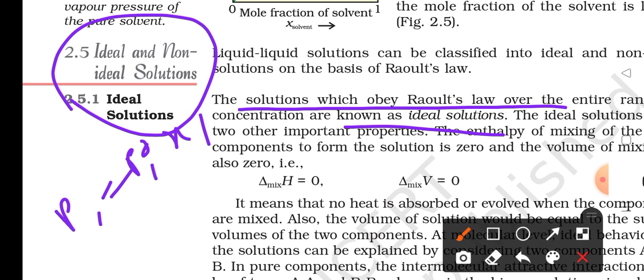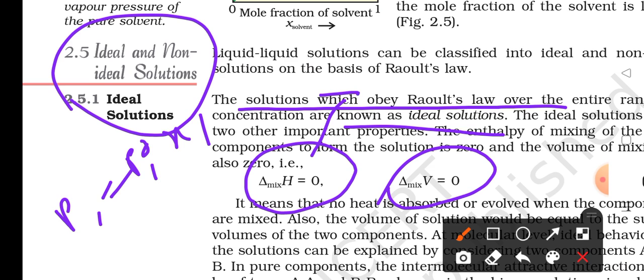In the case of an ideal solution, the enthalpy change is 0 and the volume change is 0. Enthalpy change being 0 means it is not exothermic or endothermic; no heat is evolved or absorbed. And the volume change is also 0.